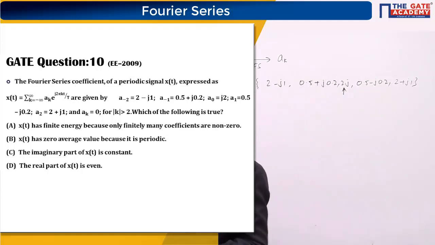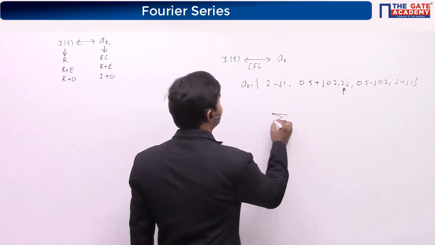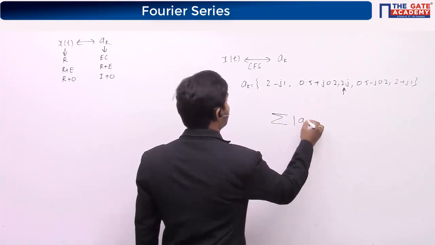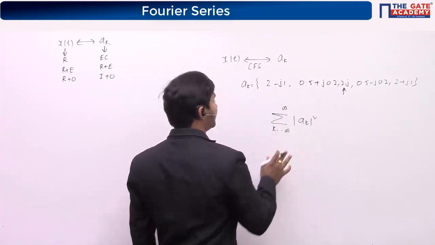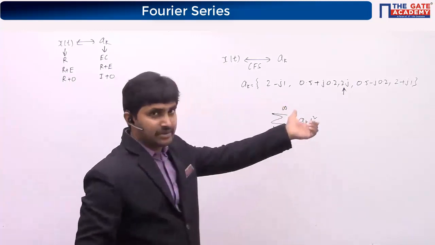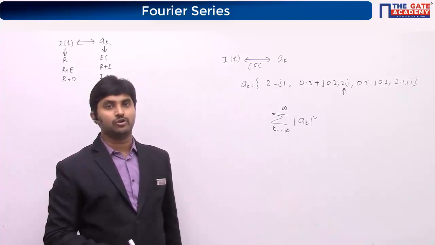We could not call it finite energy, but we can definitely call it finite power, because the power formula is the summation of mod of AK whole square, where k is from minus infinity to infinity. Because you have finitely many coefficients, your power is going to be a finite number.